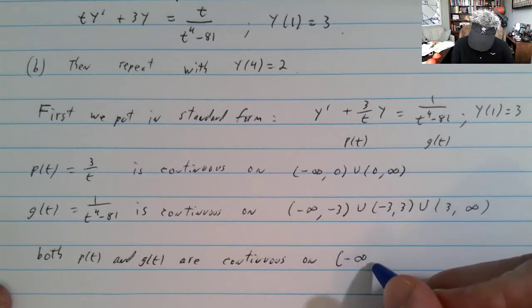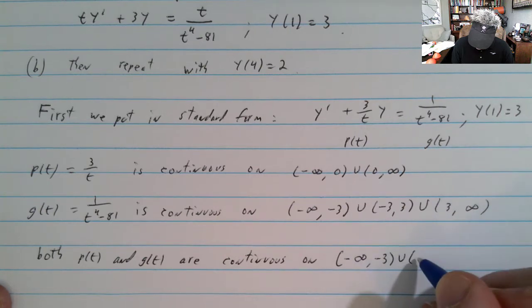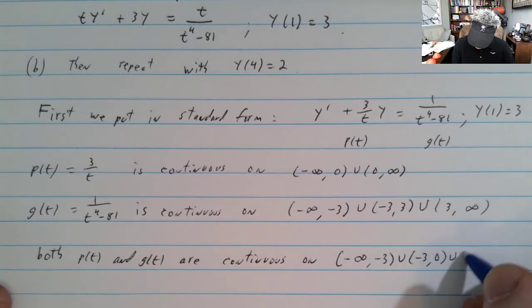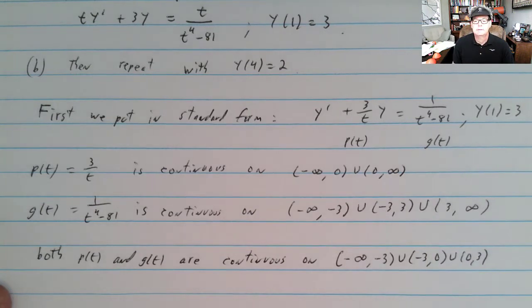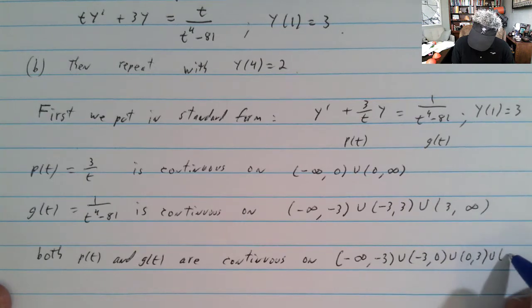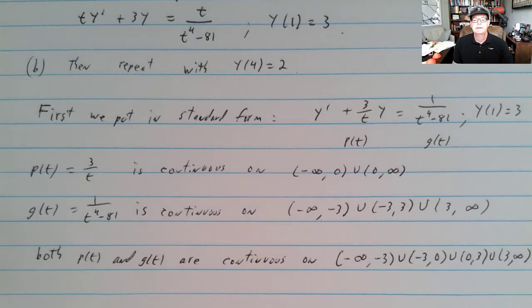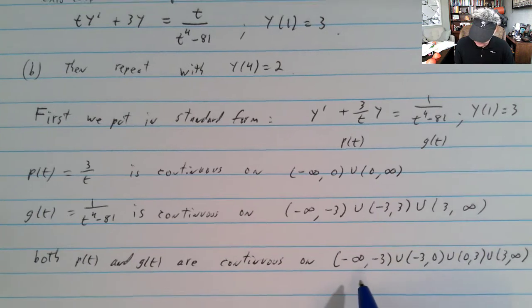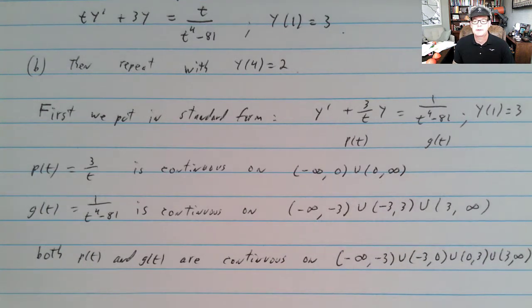Negative infinity to negative 3, negative 3 to 0, 0 to 3. It won't fit. Oh yeah, well, union 3 to infinity. Squeeze it in there. So what do we got? 4 intervals. So on any of these 4 intervals, both functions are continuous. If I made any interval larger, then one of the two would not be continuous. So these are the largest intervals where both functions are continuous.